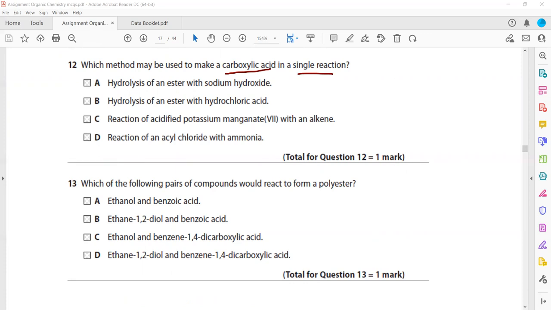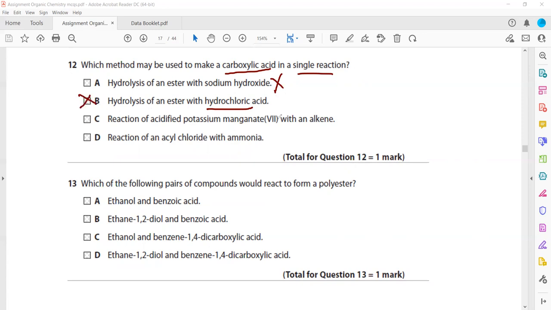But that carboxylic acid will react with sodium hydroxide, so it won't be correct. When the ester is hydrolyzed in acidic condition, the acid cannot react with that other acid. That's why B is the right answer.